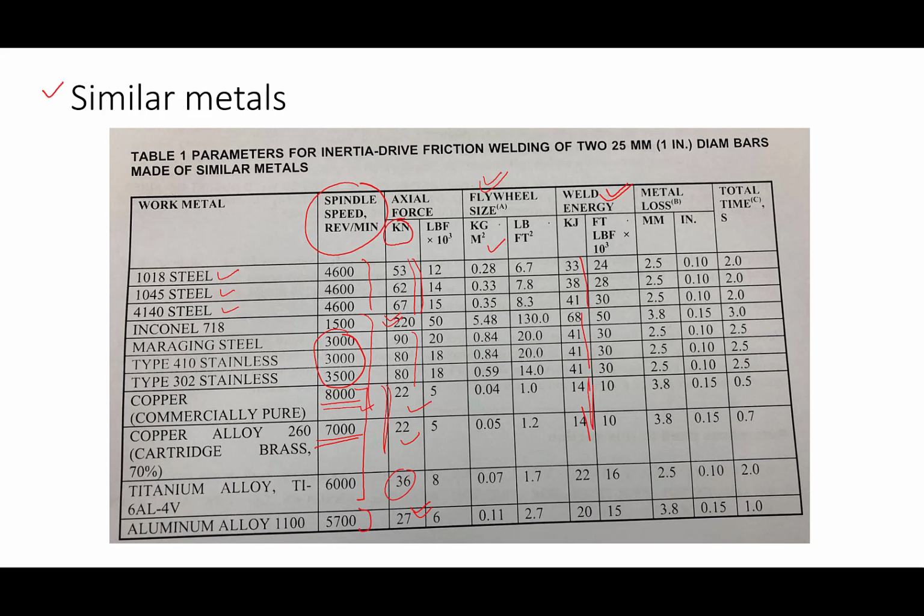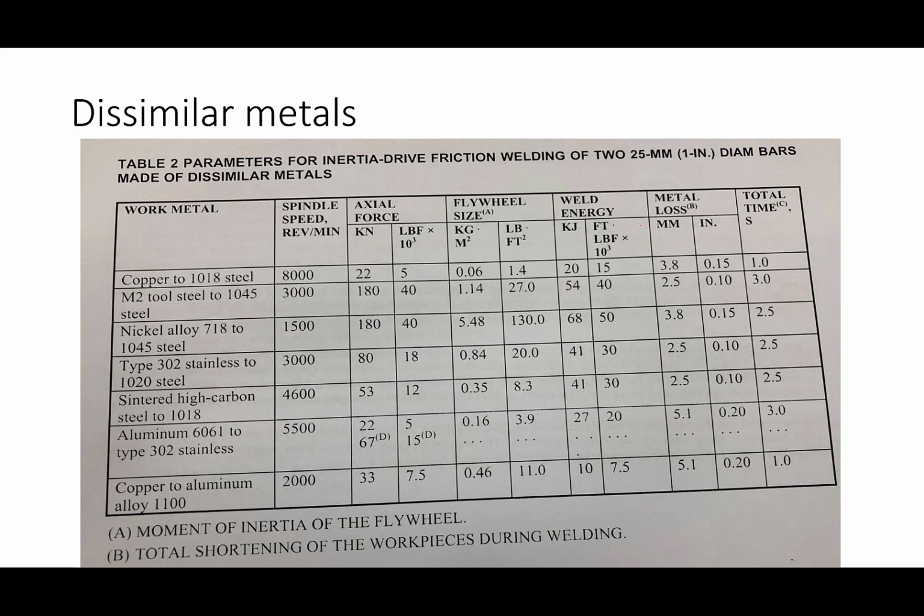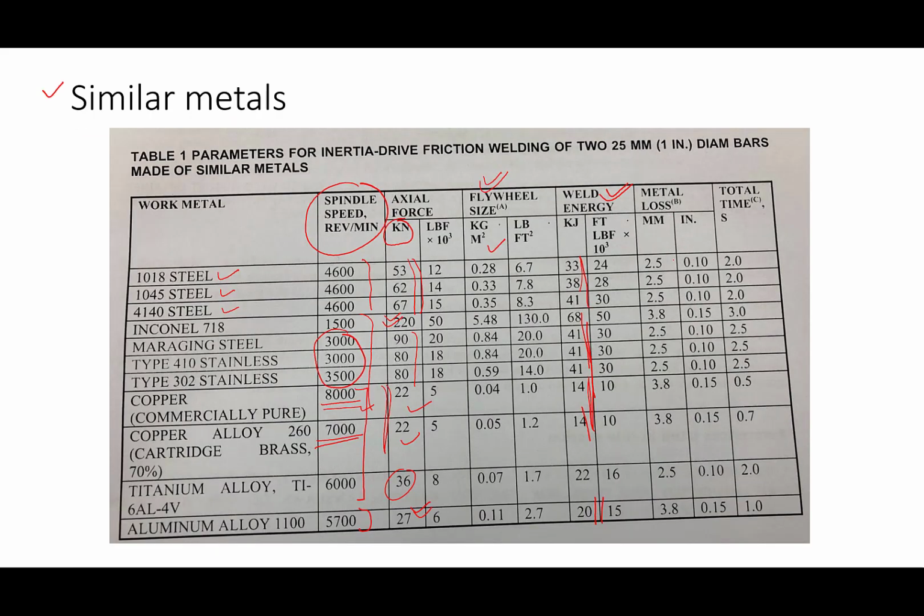It is certainly lower for copper and aluminium as compared to stainless steel and the steels. And this shows the length that is consumed in the upsetting process. It is more for aluminium and titanium, and for copper it is around 2.5 to 3 mm. And this is the total time in welding.